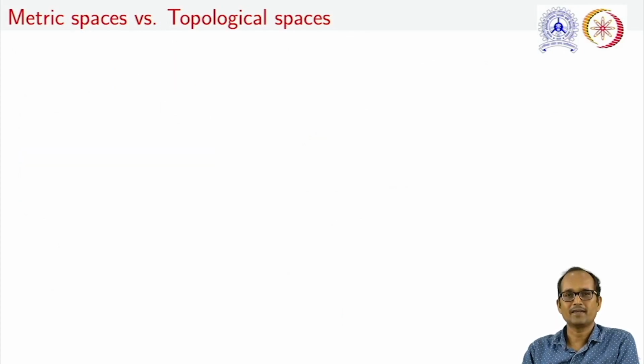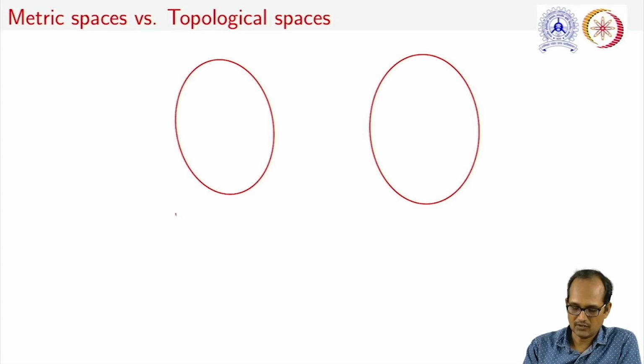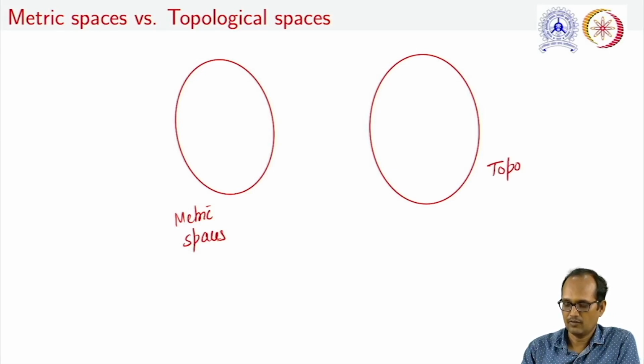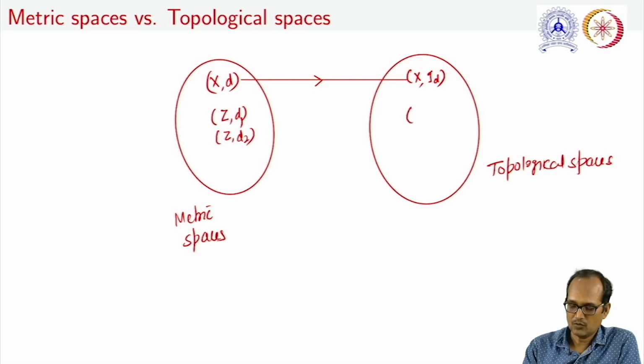So what can we conclude about metric spaces and topological spaces? The answer is given by this diagram. Let us take the first one as the collection of metric spaces, and the second one as the collection of topological spaces. One thing is clear, that corresponding to every metric there exists a topology, that we call the metric topology. Also, corresponding to two metrics, let us take (Z,d1), (Z,d2), there may exist only one topology.